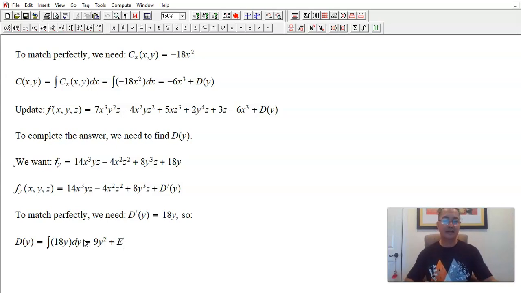Maybe an e, or if you like, capital K, K for constant. There you go, and we're out of variables. We have used all 3 components. K can be any real number. It has to be now a constant, no variables involved. So we have our final potential function.